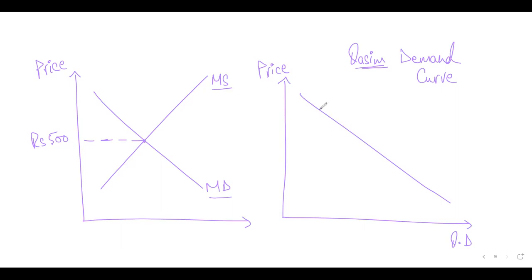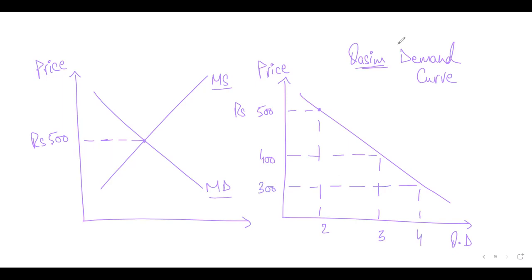So if the price is 500, I'll be willing to buy, let's say, 2 cups per week. If the price of coffee is anything less than this, let's say 400 rupees, I'll be willing to buy a larger quantity. And similarly, if it's even lower, I'll be willing to buy an even larger quantity, and so on and so forth, right? Is it making sense?